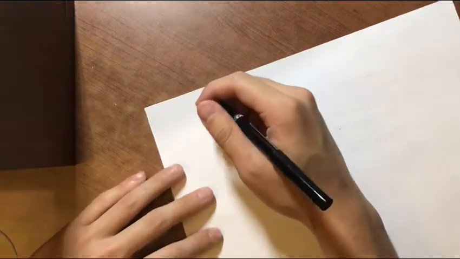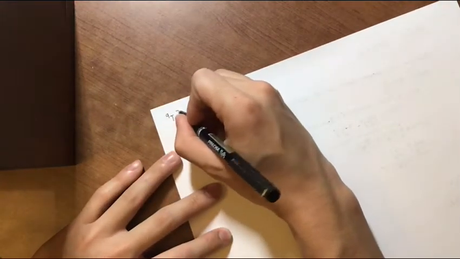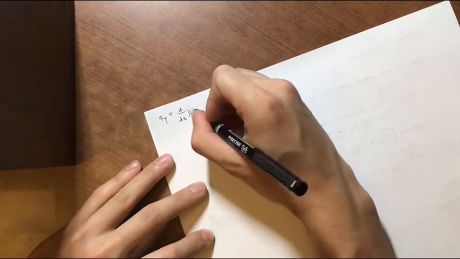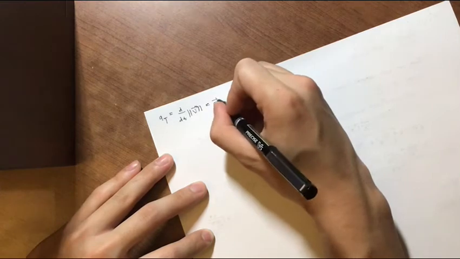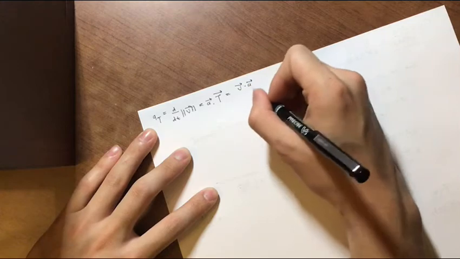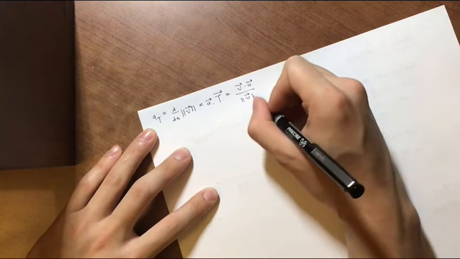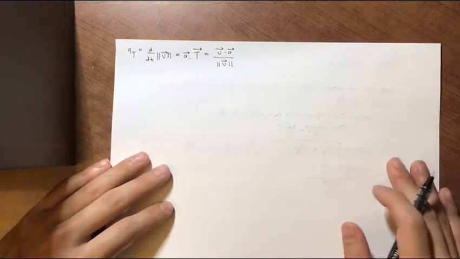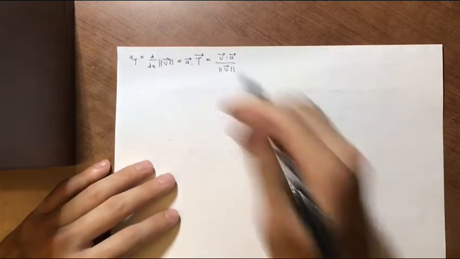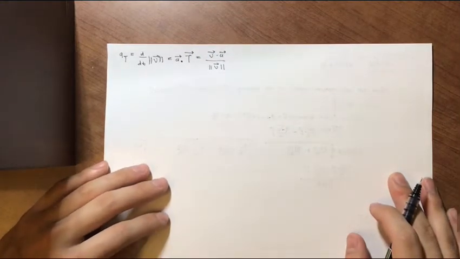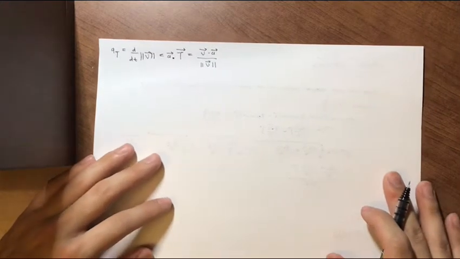The tangential component is given by this formula. The derivative of the magnitude of the velocity vector, or you can find it by multiplying the acceleration vector by the tangent vector, or you could find it by multiplying the velocity vector and the acceleration vector and dividing it by the magnitude of the velocity vector.